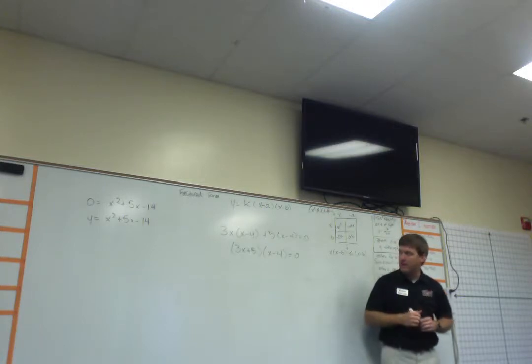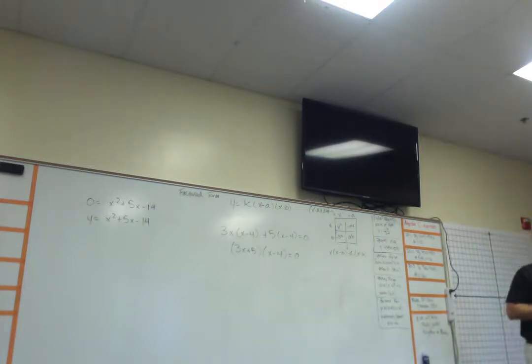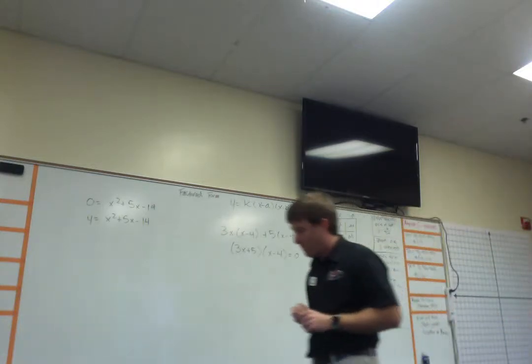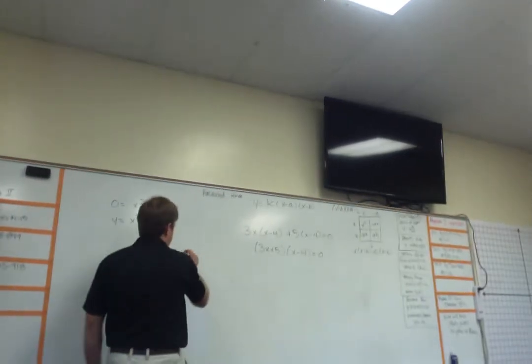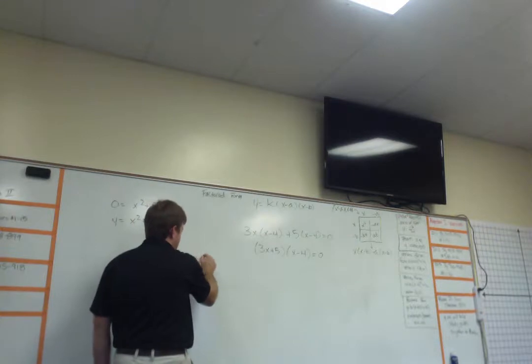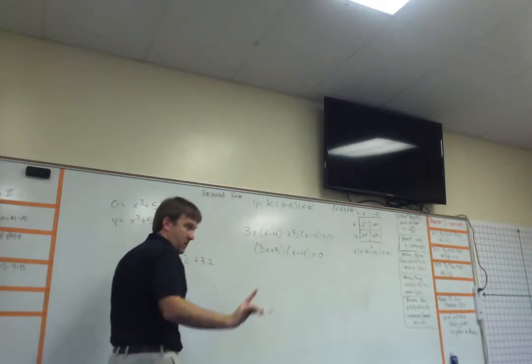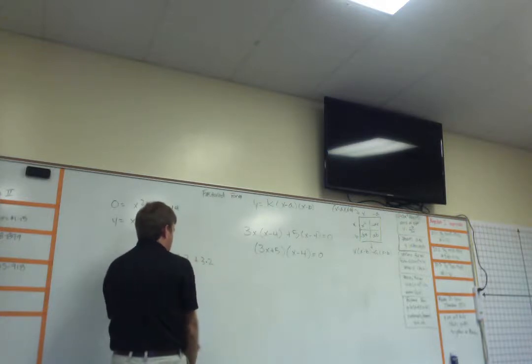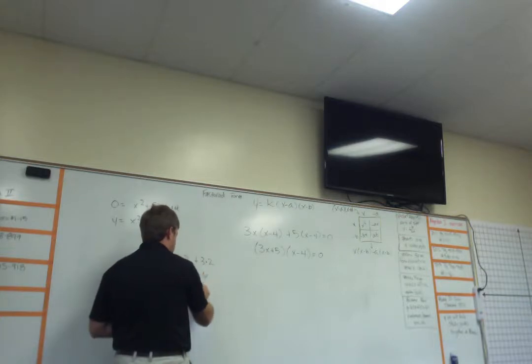It's sort of like... let me think. If I have 7 times 2 plus 3 times 2, this is 14 plus 6 equals 20.